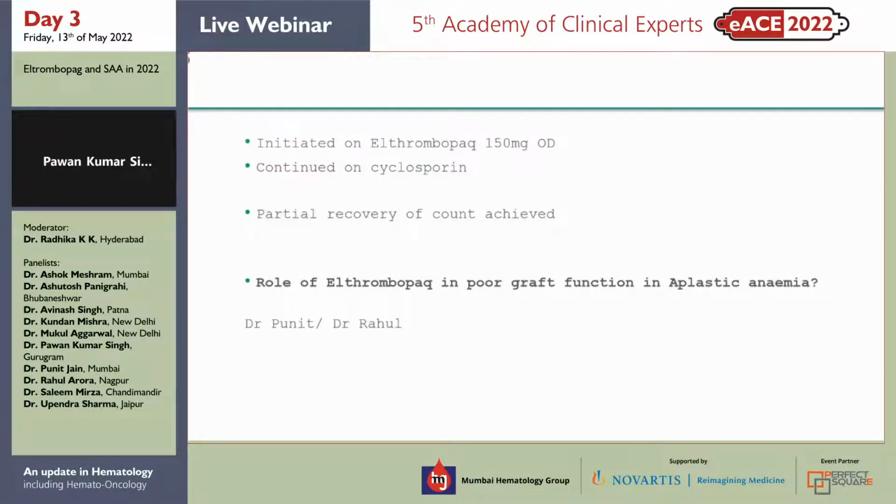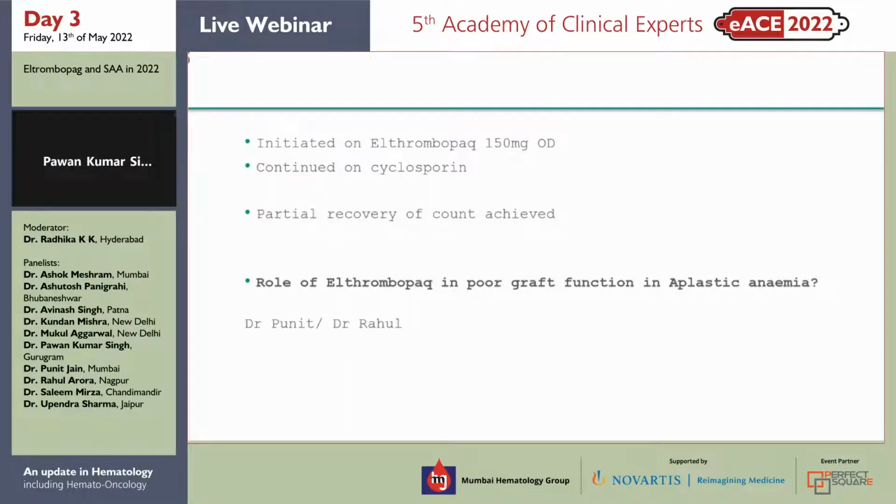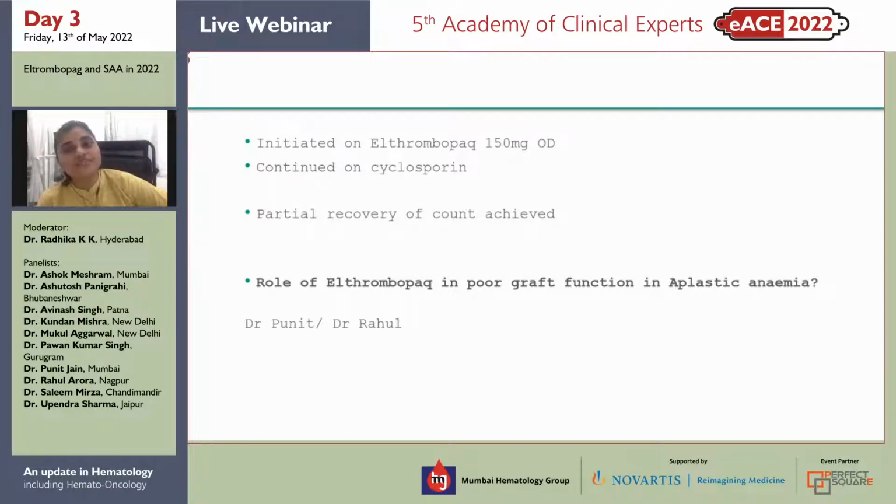Eltrombopag can be added, but my question in this patient would be, at this point of time, what was the chimerism? Whether the chimerism stayed the same, improved or fell further. I would be interested in knowing. 85% donor chimerism at the second month is not a real great falling chimerism, right?